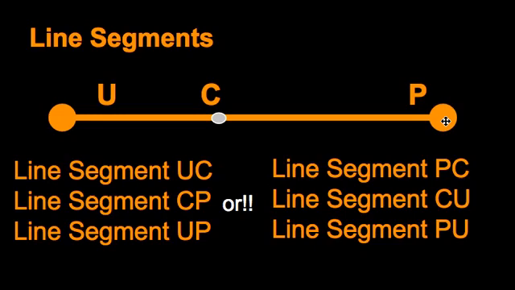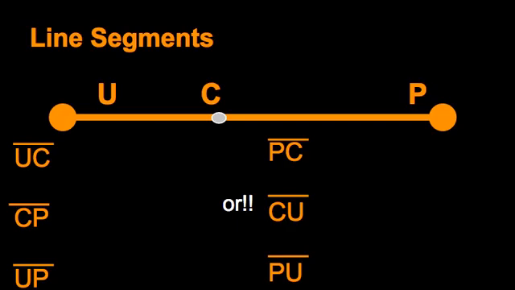You can also name it the other way: line segment PC, line segment CU, line segment PU. Never, never, never name a line segment with more than 2 letters. Always use 2 letters for line segments. Here's the shorthand on how to name that line segment.